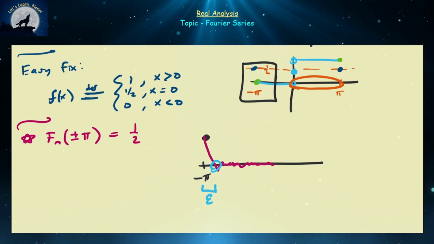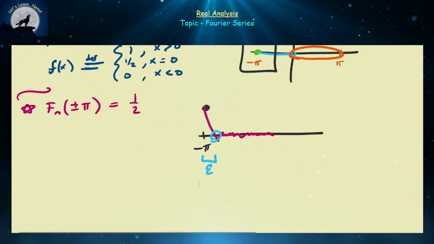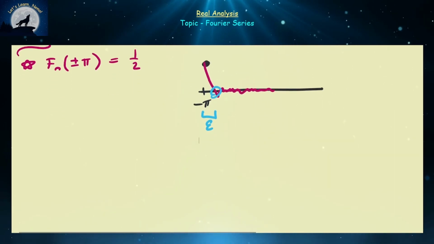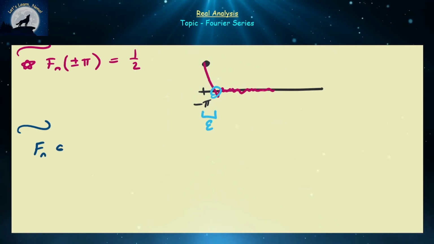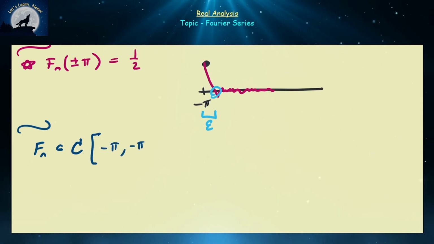And what can make us so guaranteed that this epsilon does exist? Because keep in mind, fn, our Fourier approximation, is continuous on the interval minus pi to minus pi plus epsilon, and it's also continuous on pi minus epsilon to pi.